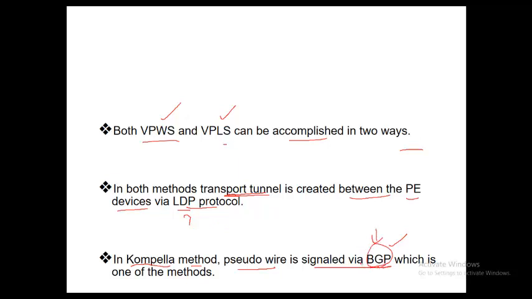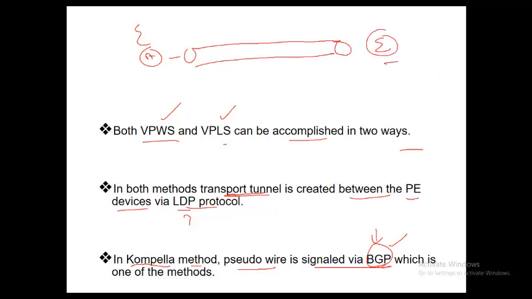So this end device's MAC address is given to this end device, and the tunnel is here, the layer 2 VPN tunnel. So A's MAC address is seen in here, B's MAC address is seen in here.